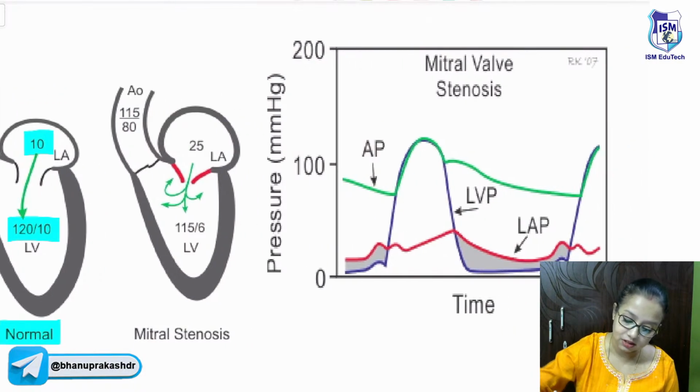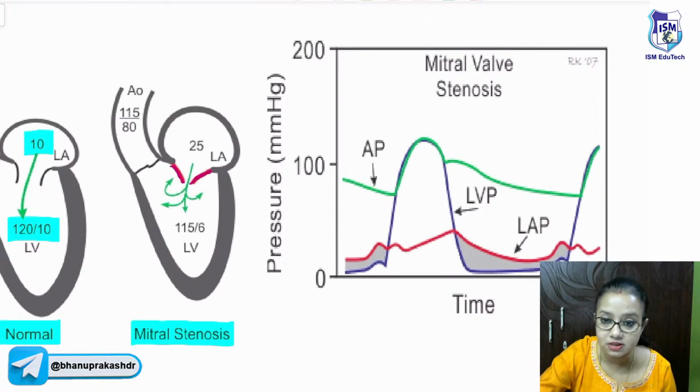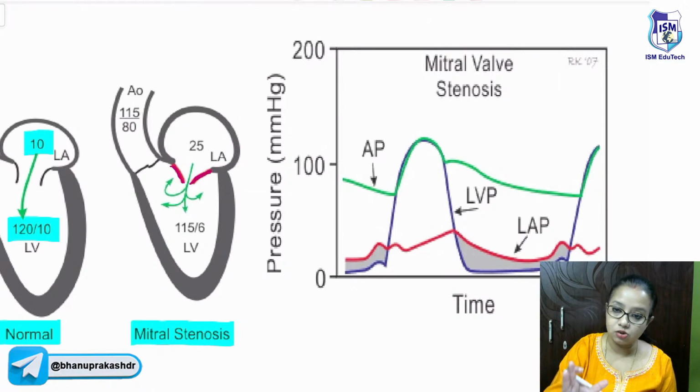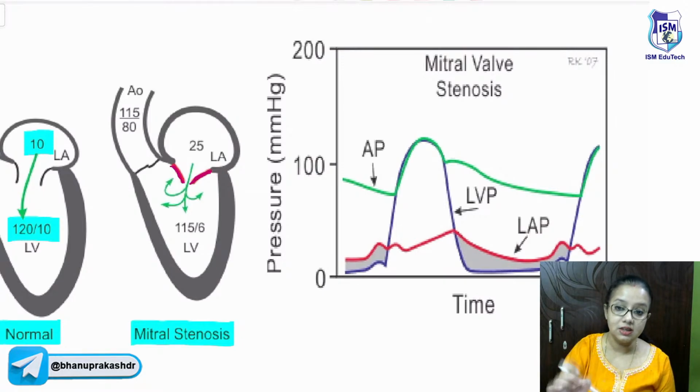In case of a mitral stenosis, there is an anatomical anomaly because of which there is not only a narrowing of the mitral valve, but it also closes and opens imperfectly. There is always leaking in a stenotic valve because the opening is narrow.